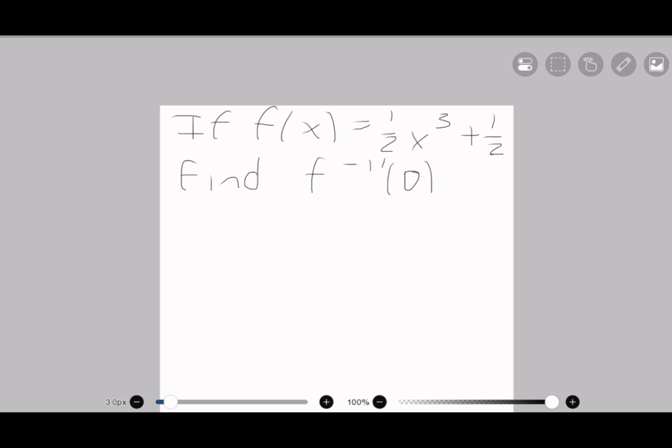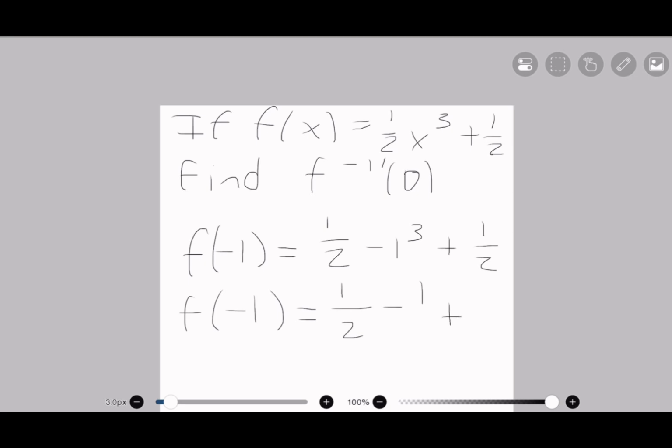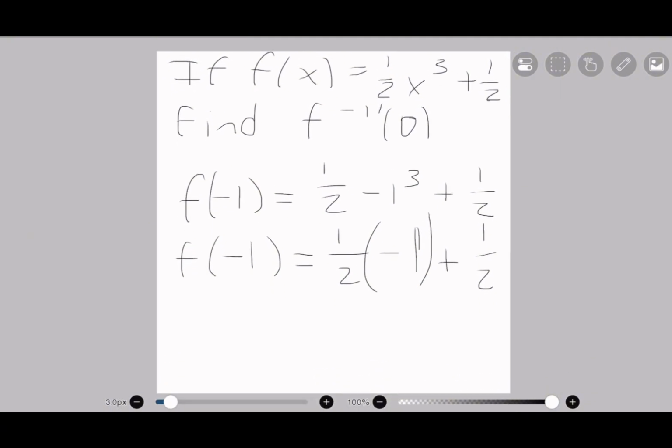Looking at the equation, I can see that negative 1 will suffice. So when you plug in negative 1, you will get 1/2 times negative 1 cubed plus 1/2. So that will give you 0.